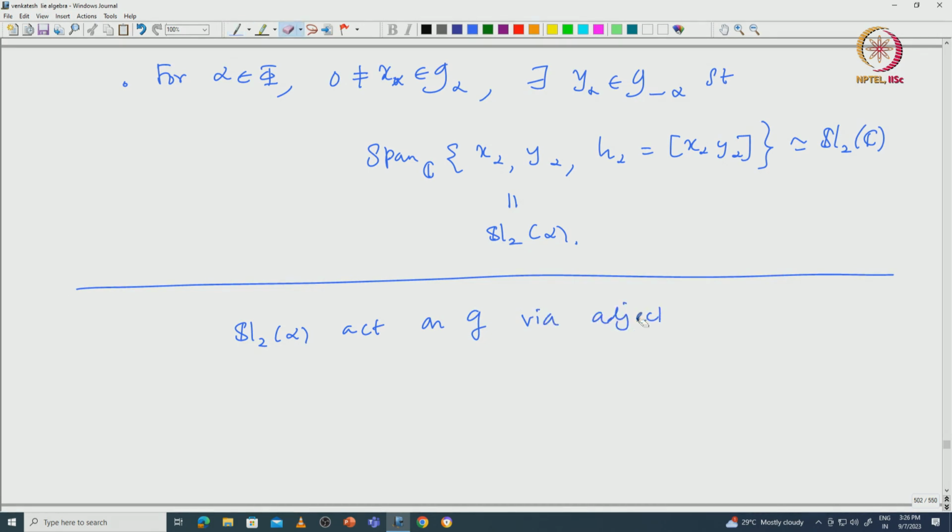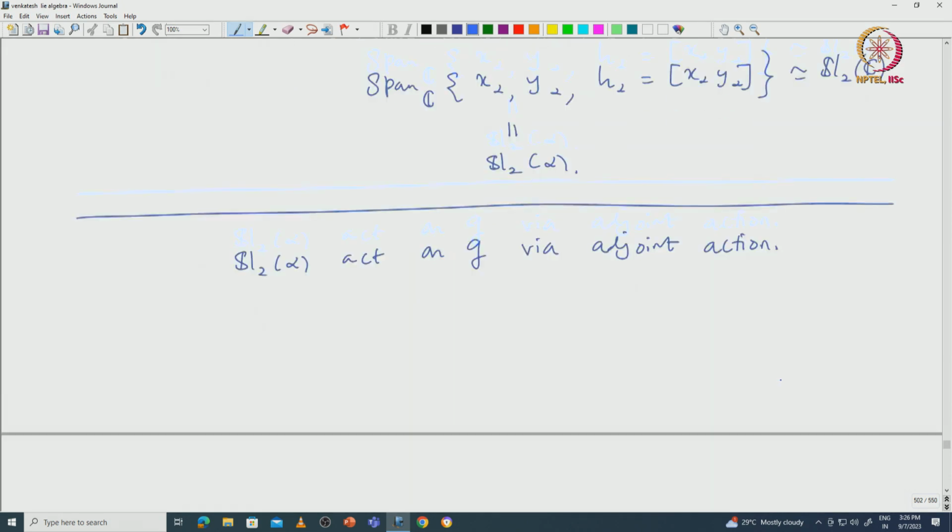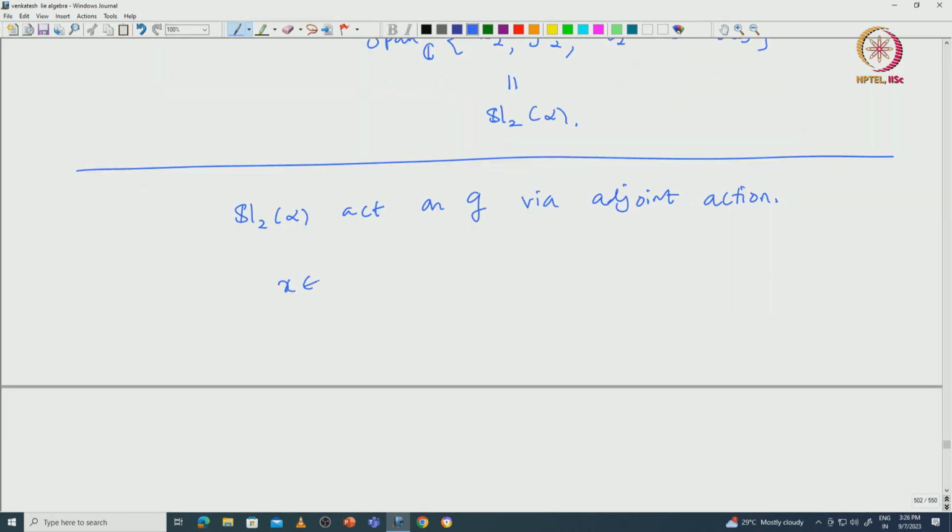What is the meaning of that? Given x in SL2 of alpha, this x will act on G by sending y to the bracket [x, y]. That is the action we are talking about.